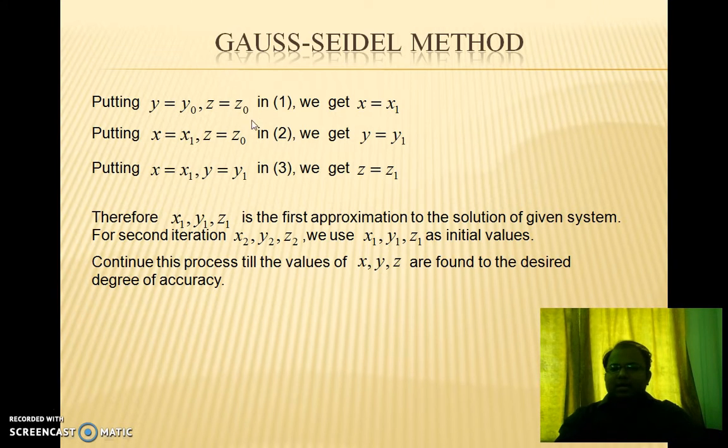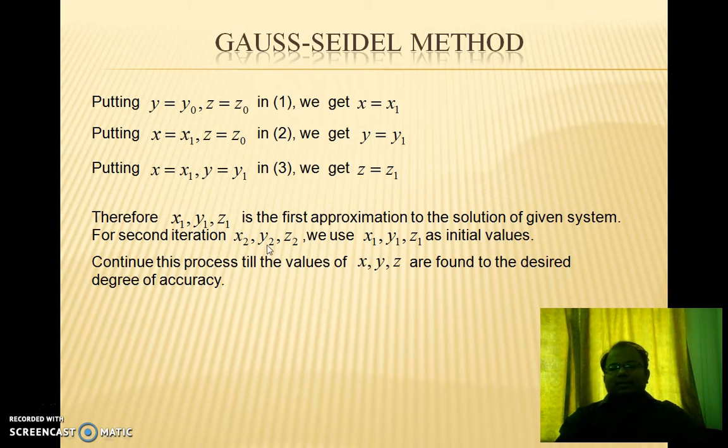Then this x1 is used, with x equal to x1 and z equal to z0, which has the value 0, in equation 2, and we get y equal to y1. Similarly we get z equal to z1. After that, we get x1, y1, z1 as the first approximate solution of the given system. For the second iteration, we use x1, y1 and z1 as the initial values to obtain x2, y2, z2.